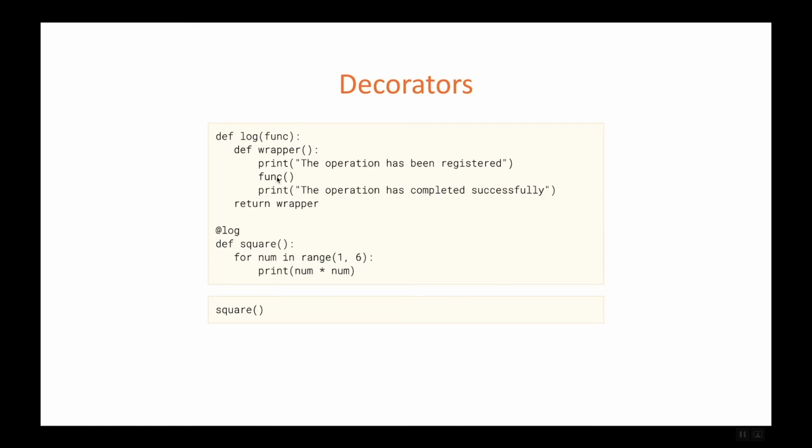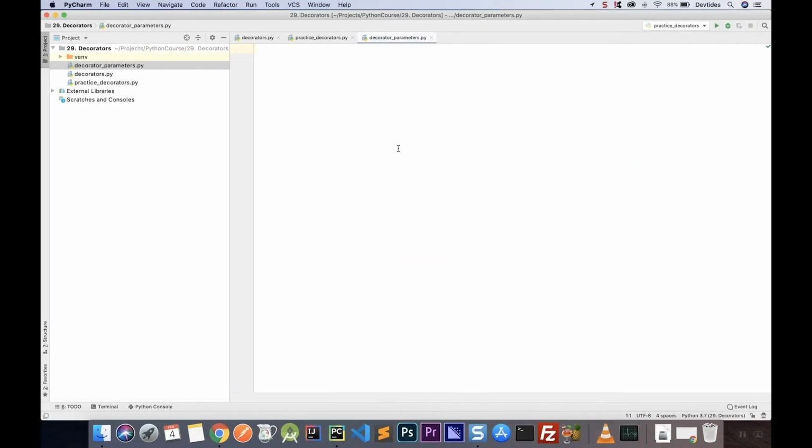So before we put any parameters, let's put this structure in our code. So I'm going to define a log, and here I'm going to pass my function. I'm going to define a wrapper, and here I'm going to print something like the operation has been registered. Okay, I'm going to say func of, so call the function, and then print the operation has completed successfully.